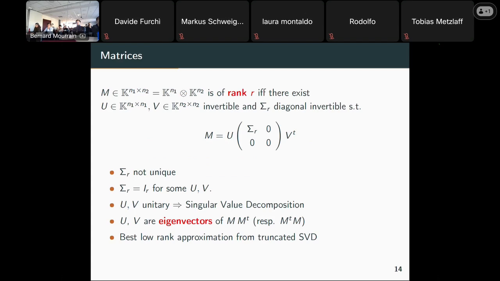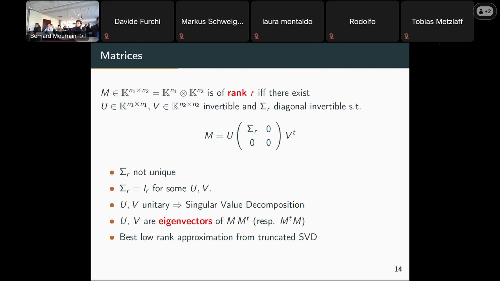So it's a product of matrices: U, n by r, here a diagonal r, and V transpose, where V is also m by r. U and V have unitary columns, and they are also the eigenvectors of this M transpose.